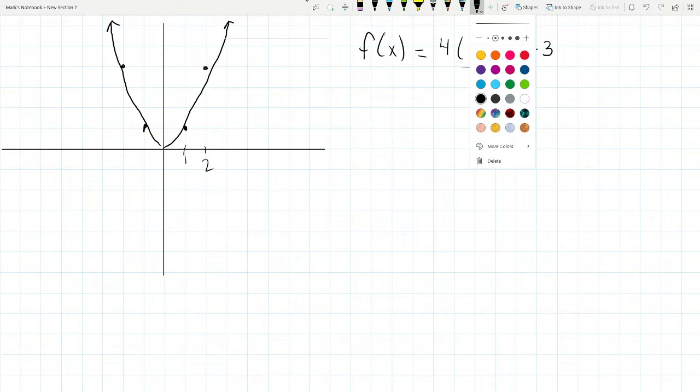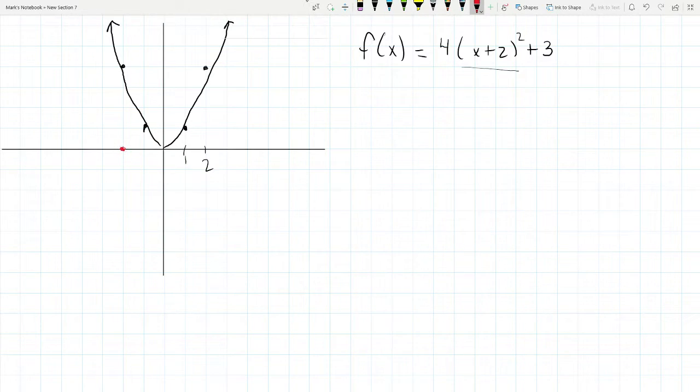So we'll go ahead and draw this one in a different color. But this one's going to look a little bit like this. Kind of missed my points here. All right, there we go. So I shifted it over 2.